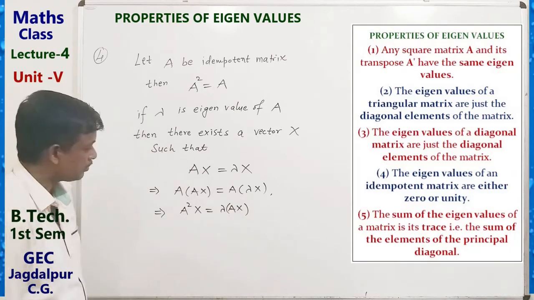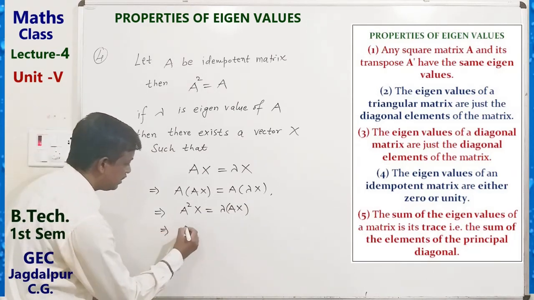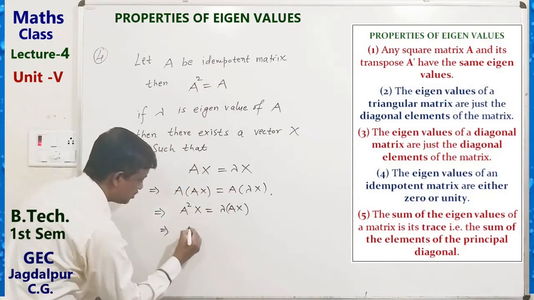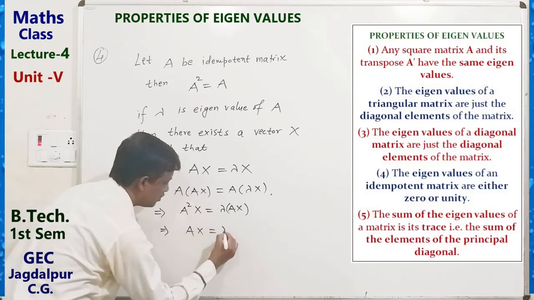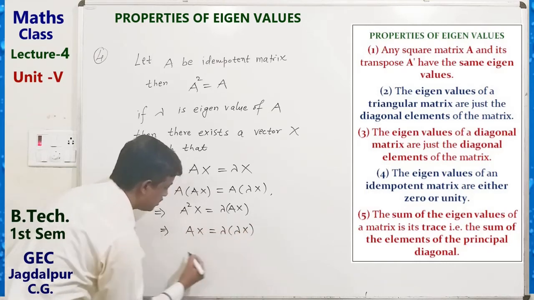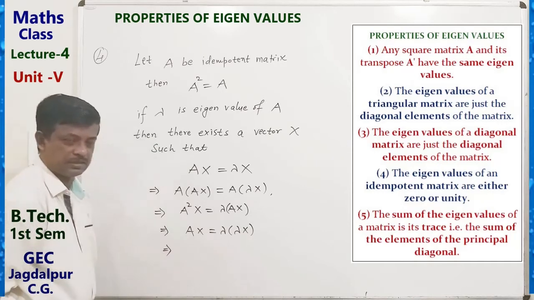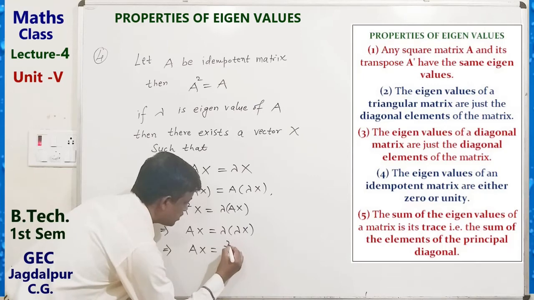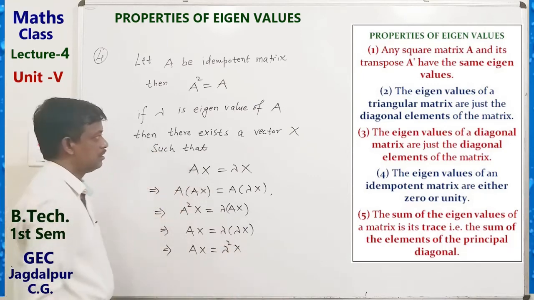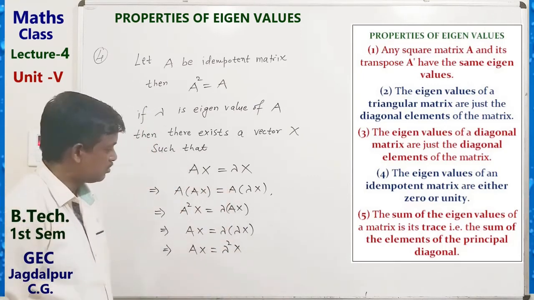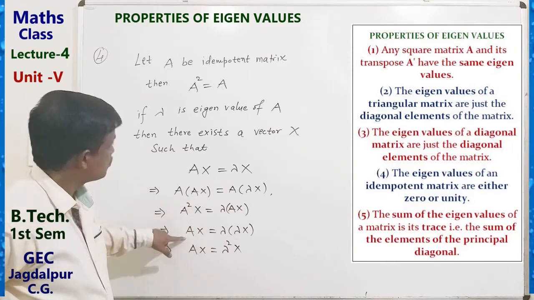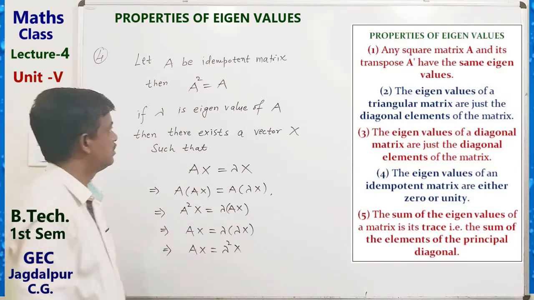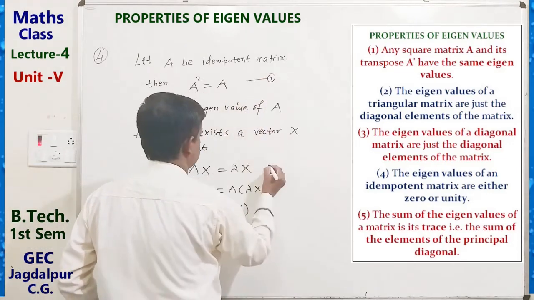Clear? Now here we see that A square equals A, and Ax equals lambda x. So Ax equals lambda x implies A square x equals lambda square x. Now we are using here A square equals A, this is 1, and Ax equals lambda x, this is 2.